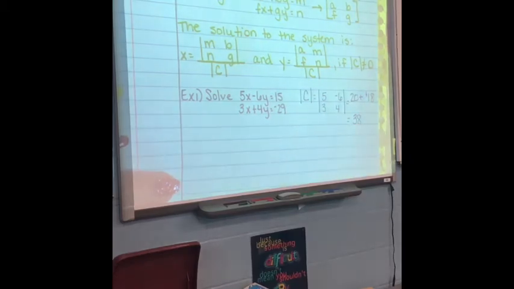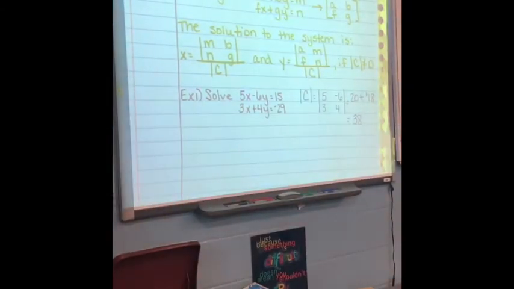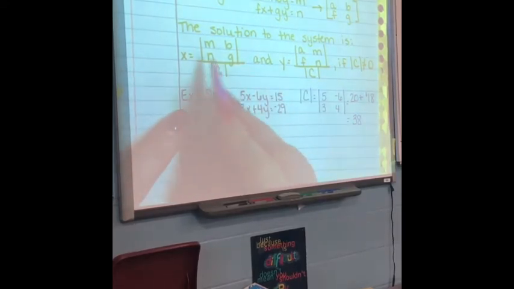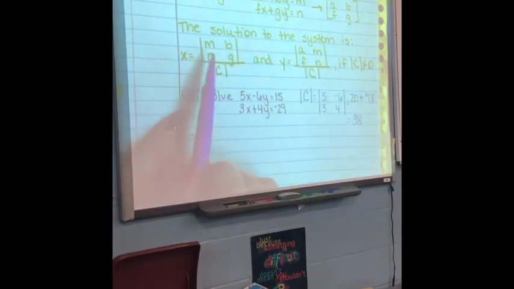I'm going to use that to find my x and y. Okay? I'm sorry? You did 5 times 4 yes, and then minus -6 times 3. Okay? So let's look at x equals. So watch what I'm saying here, and it'll click in a couple of examples, but I want to go ahead and say it.